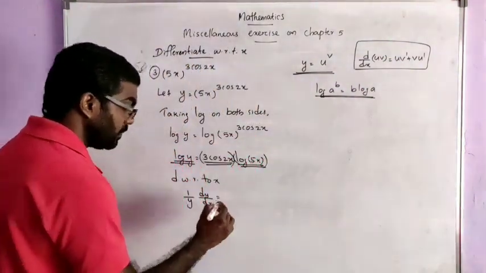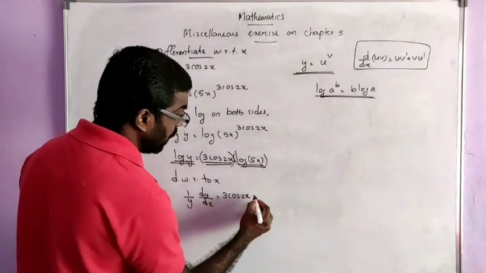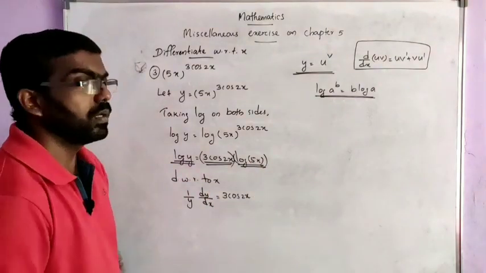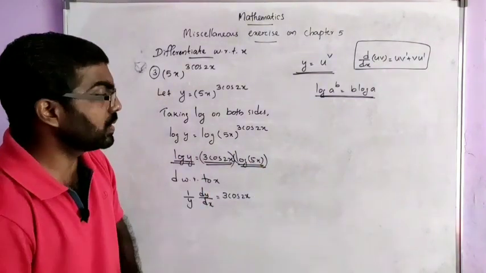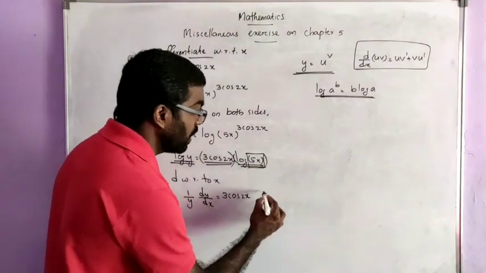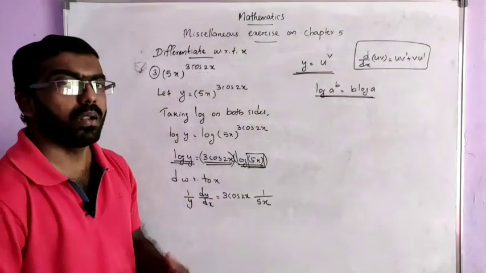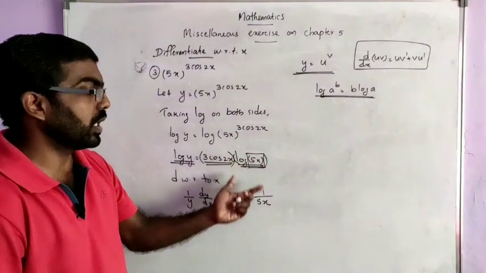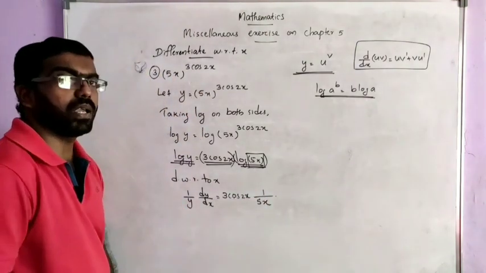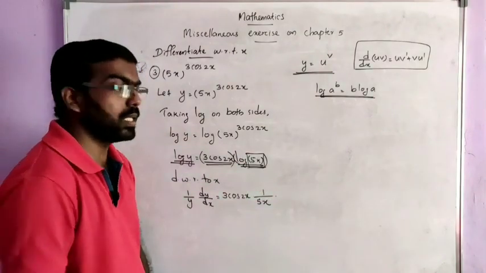Okay, so here 3 cos 2x into the derivative of log 5x. The derivative of log x is 1 by x, but instead of x it is 5x, so we can write 1 by 5x. Okay, log x gives 1 by x, so log 5x gives 1 by 5x into the derivative of 5x. Here instead of x the term is 5x, so we have to apply the chain rule.